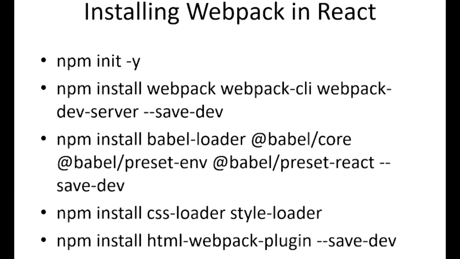To use Webpack, first we need to initialize our project using npm init. This is the first step. Then install Webpack, Babel and other loaders and plugins. Each of these plays a very specific role. Webpack handles bundling, Babel compiles JSX, and plugins add more features. This thing we have to understand, right?